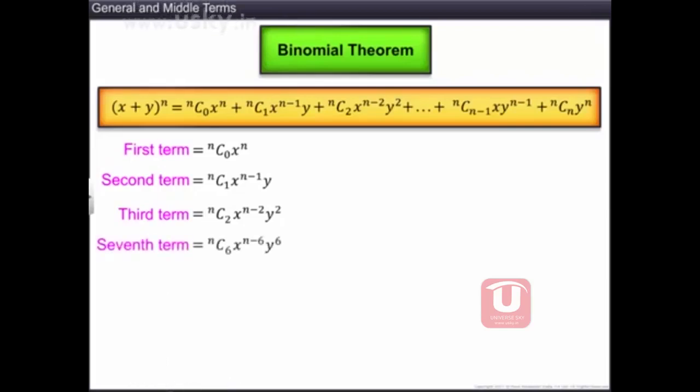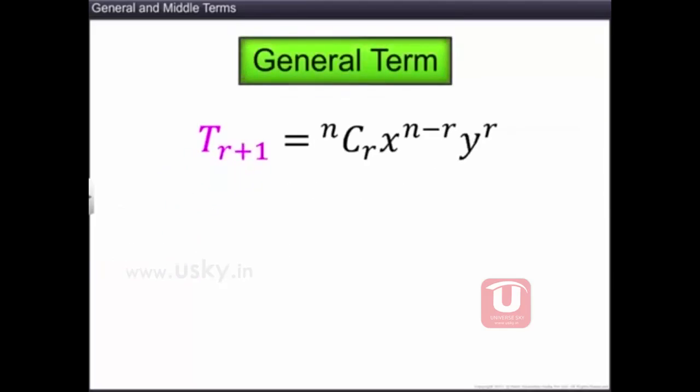The seventh term is nC6 into x^(n-6) into y^6. Likewise, the (r+1)th term is nCr into x^(n-r) into y^r. This is known as the general term of the expansion. With the help of this formula, you will be able to find any term in the expansion.